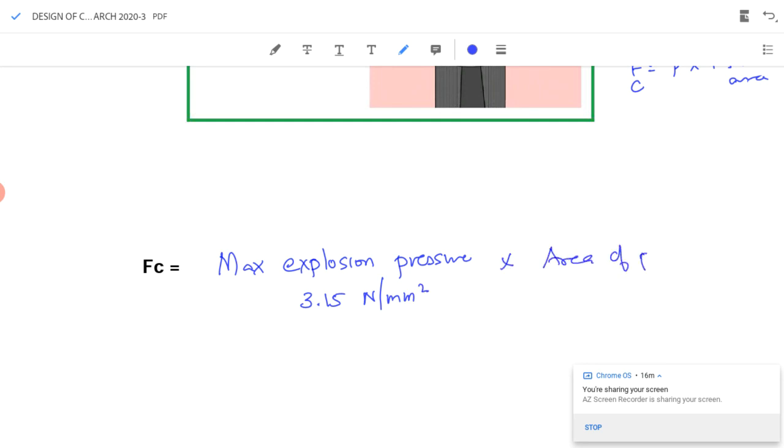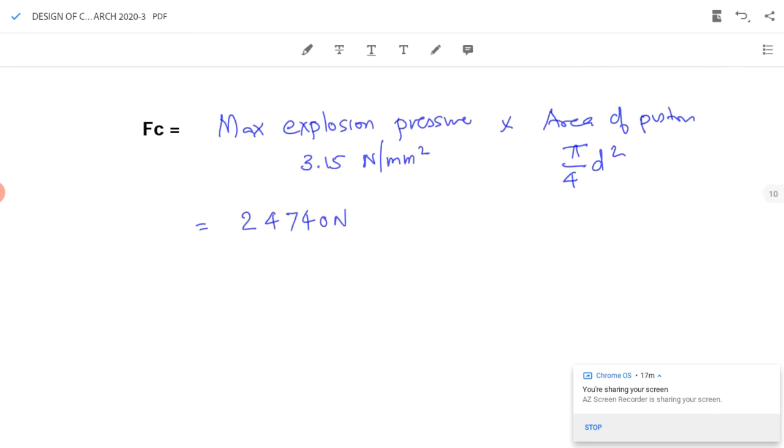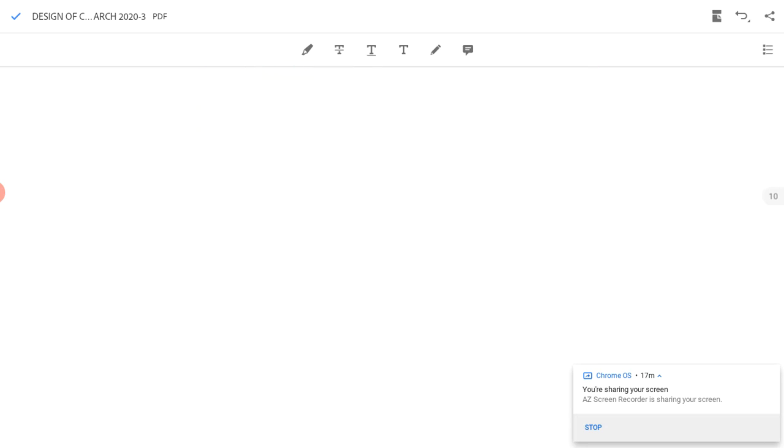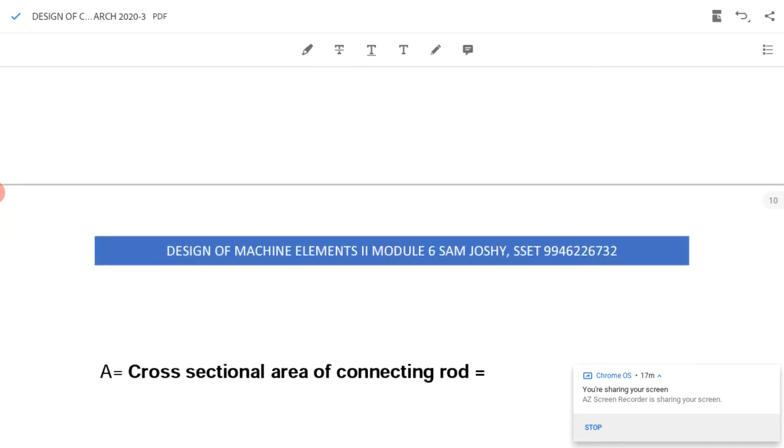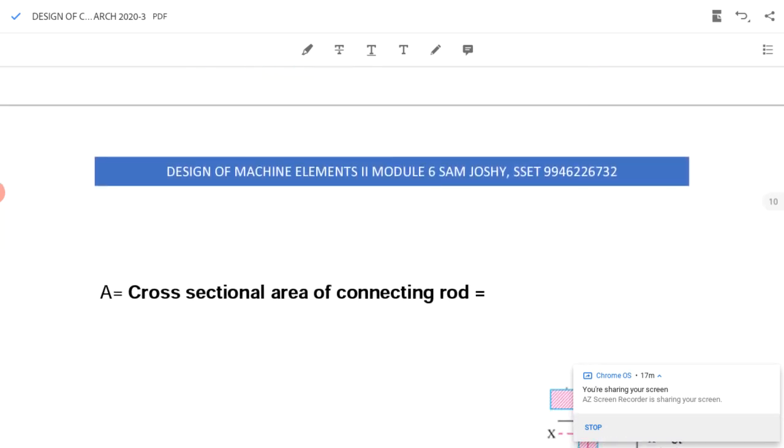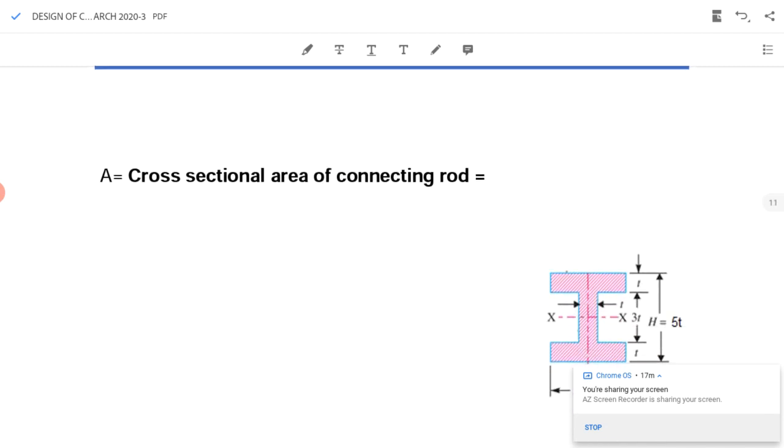The diameter of the piston is given as 100 mm. So, area will be pi by 4 into d square. I will get Fc equal to 24,740 Newton. So, this force is producing the buckling on the connecting rod. Now, we have to find A.